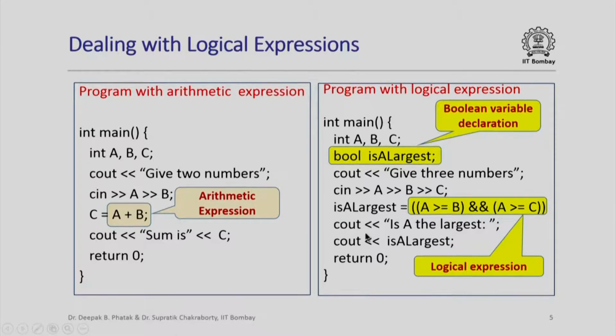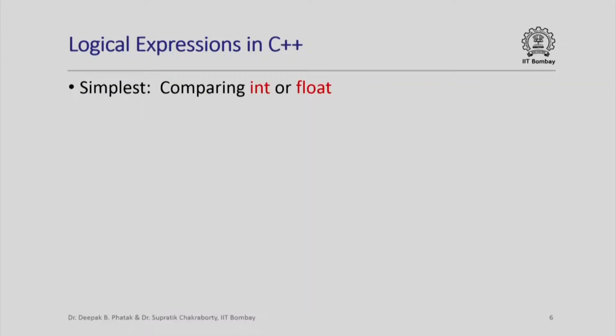And finally we want to print this value out, so we want to say is a the largest and we want to print out the value of isALargest, and we will see in this lecture what happens when we print out a boolean value. And finally of course the main function executes return 0 to hand over control back to the operating system.